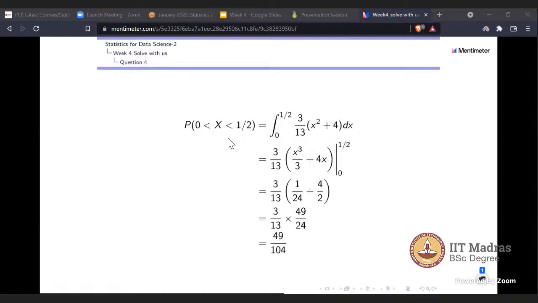But since it's a continuous random variable, it doesn't matter because at those specific points the probability is going to be 0. When it is a discrete random variable, that time it is important. For a continuous random variable, it's like an epsilon, a minuscule limit factor, so it doesn't matter. At a specific point, we will not get any value. So we'll consider both of the limits because x is a continuous random variable here.